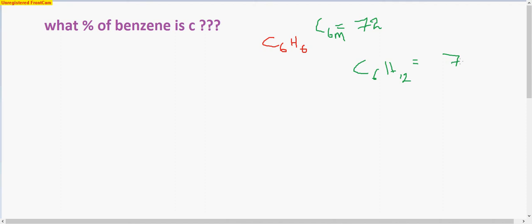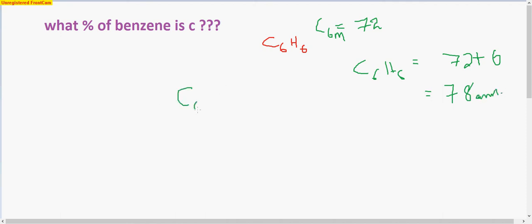We have 72 for C6 plus H6. The atomic mass of hydrogen is 1, therefore H6 will be 6. Therefore C6H6 is 78 AMU. Now we need to find the percentage.